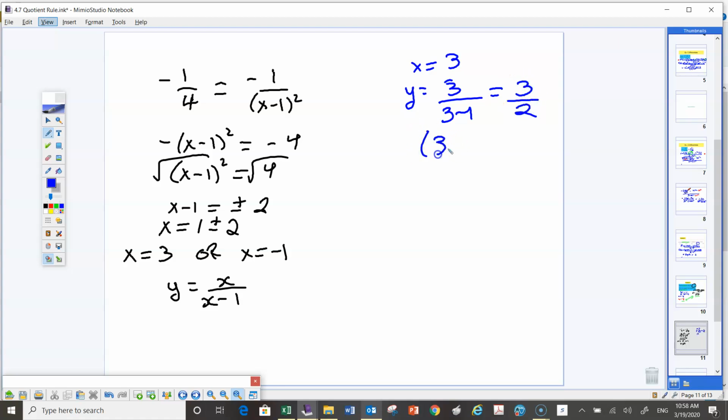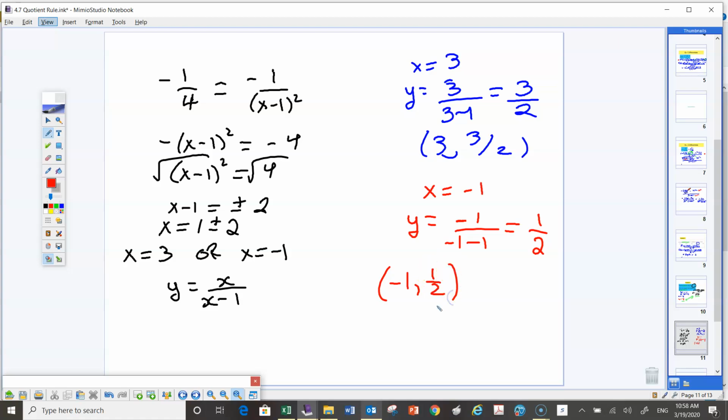So my first point, where the slope of the tangent line equals negative 1/4, would be 3 and 3 over 2. And my second point, when x is negative 1, would be y equals negative 1 over negative 1 minus 1, which would simplify to be 1/2. So that point would be negative 1 and 1/2.